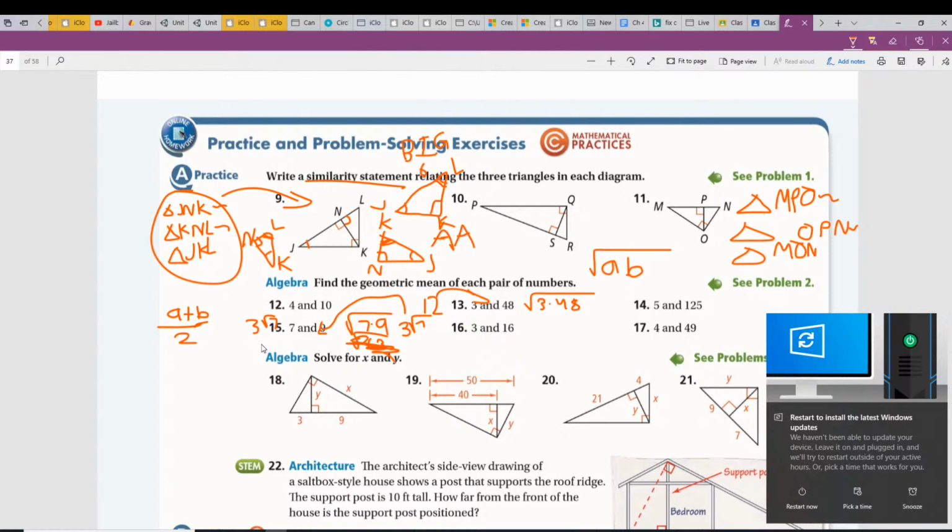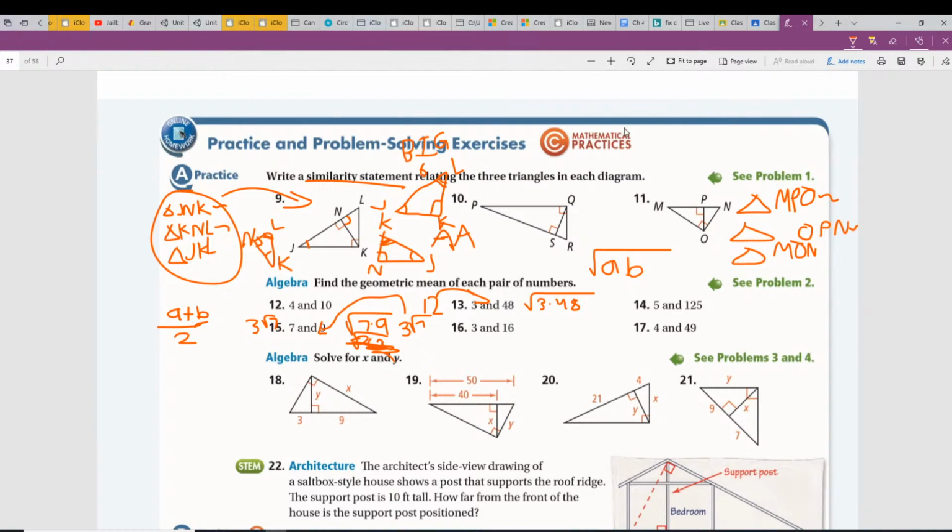So that's 3 times the square root of 7. Now let's move on to number 17. 4 times 49. So we take the square root of 4 times 49. I feel like you can already see that since they're both squares, the product of the squares will be another square.